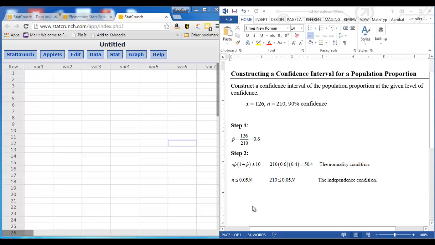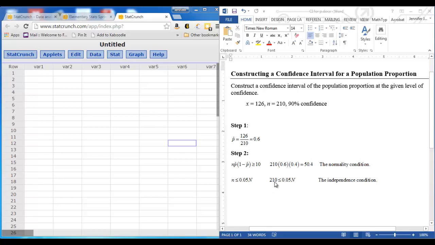The independence condition says that the sample size should be no larger than 5% of the population size. In symbols, that means that lowercase n is less than or equal to 0.05 times uppercase N, where lowercase n is your sample size and uppercase N is your population size.